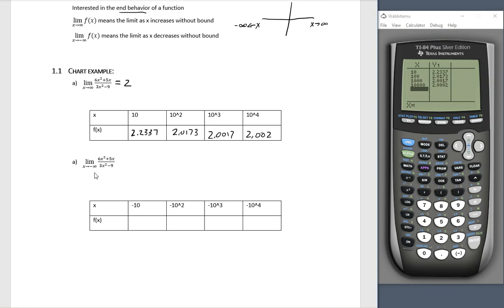But check out if we go to negative infinity. So I'm going to come back up here. It's the exact same function, right? Same function. A and B, I'll change that maybe to a B there. Let's go with minus 10. I get 1.89. What if I do minus 100? 1.98.